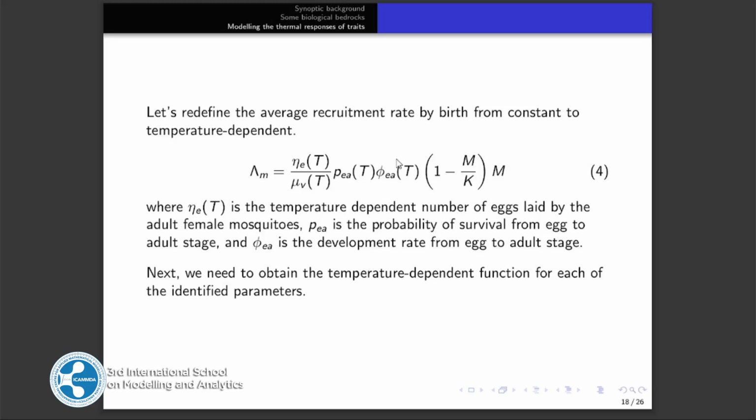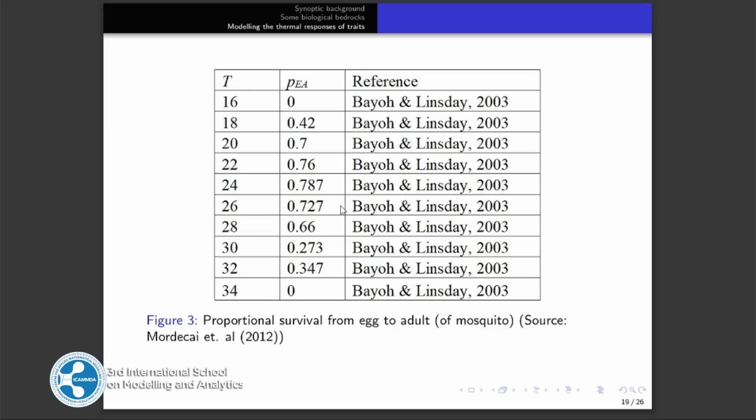Next, we need to obtain the temperature dependent function for each of the identified parameters. So, okay. It's okay. Sorry about that. Okay. But can we see this? Don't worry, I'll be making reference. We'll be going back and making reference.